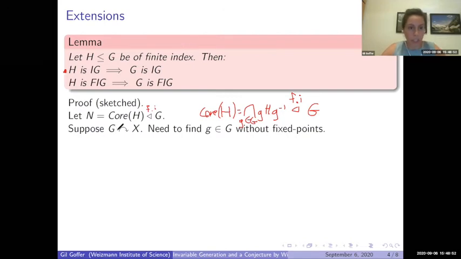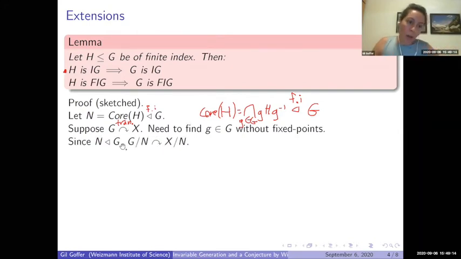We let G act transitively on some space which is larger than 1 point, and we want to show that there exists an element acting without fixed points.